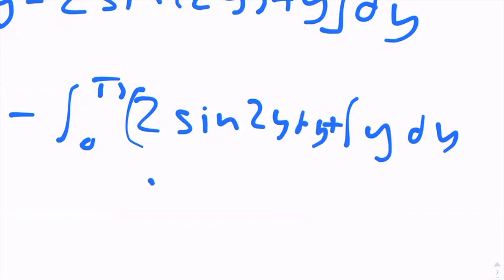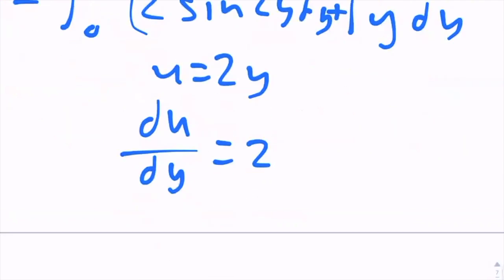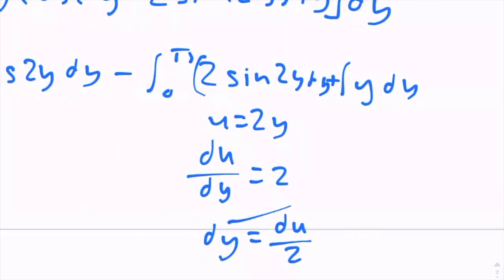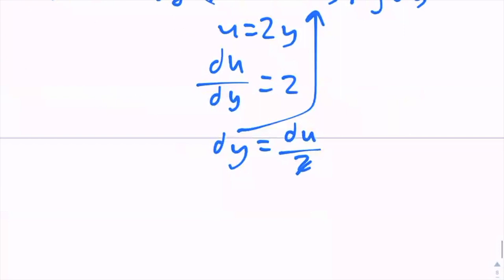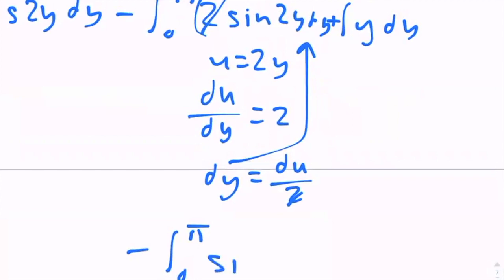All right, so we can say u is equal to 2y using u sub, du over dy is equal to 2. So dy is simply equal to du over 2. And plugging this in for dy right here, we see that our 2 and 1/2 cancel out. So we simply have minus the integral from 0 to pi of sine u du.